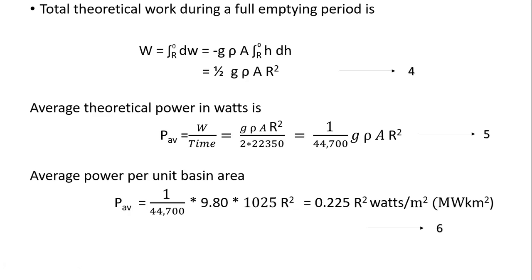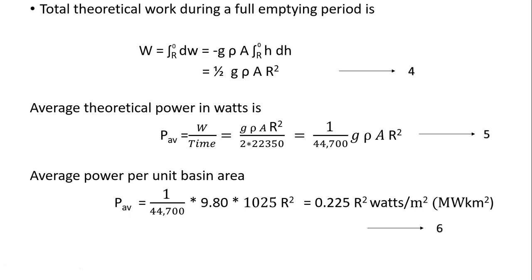Before that we have to see one point. This power is generated during emptying or filling, and no power is generated during the rest of the time. So at one time the power will be maximum and at other times minimum.